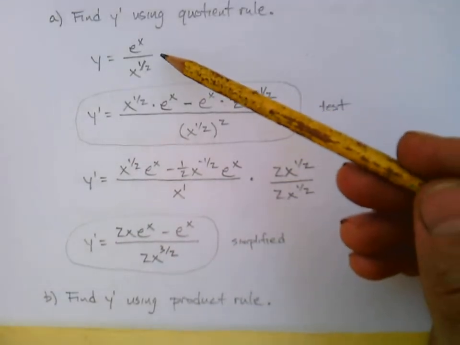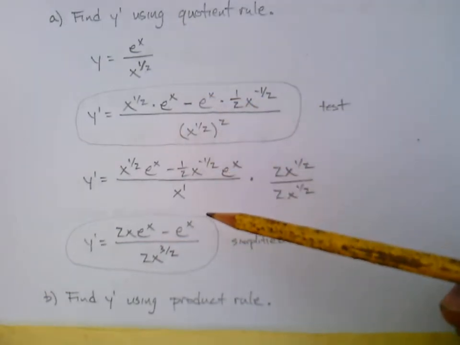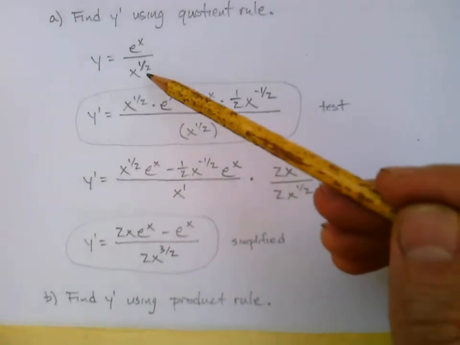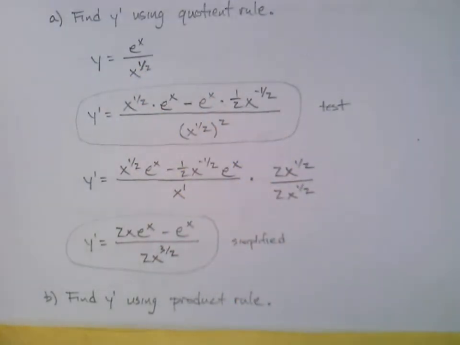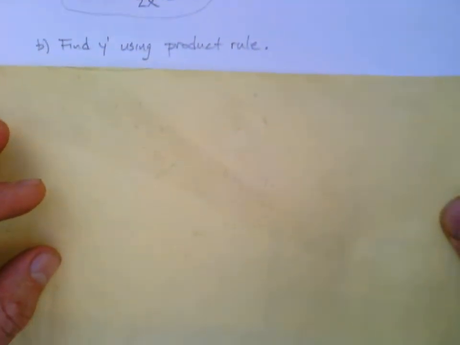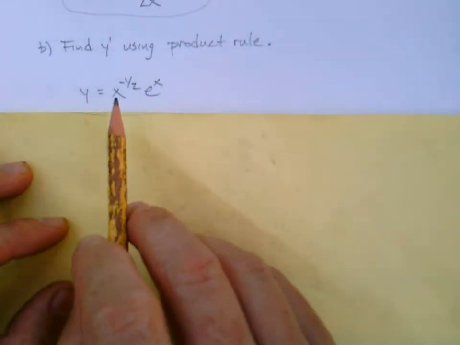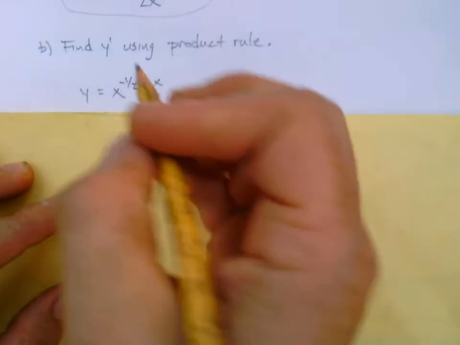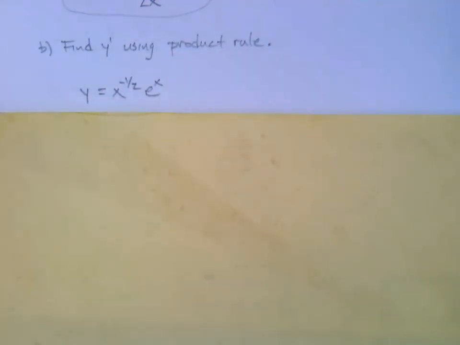Okay, if we think of it in this form, I mean, we've been talking about it already. Think of moving this x up and make it a negative exponent. So think of the function now, slide this up. Think of the function now as y equals x to the negative 1/2 e to the x. So this is still the original function, but we have rewritten it again.